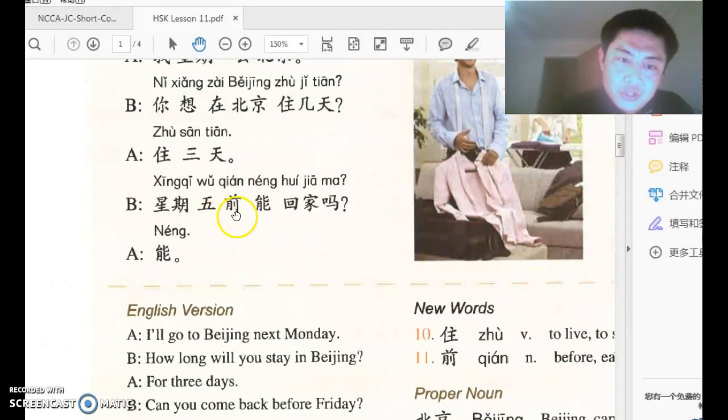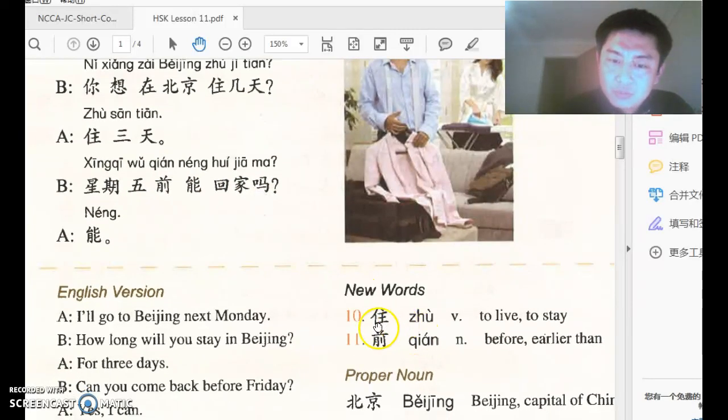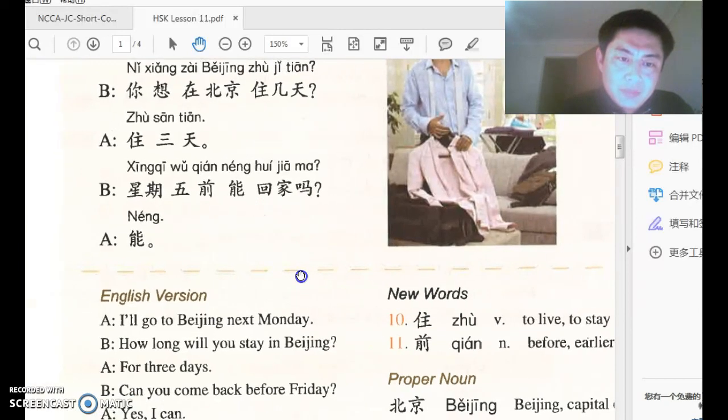星期五前能回家吗? 前 is before or earlier than. We have learned this character before. It means in front of. In front of is before, isn't it? There's a car before me, so there's a car in front of me. In English we share the same use of the word. And before also means previous, so that's not too difficult to understand.